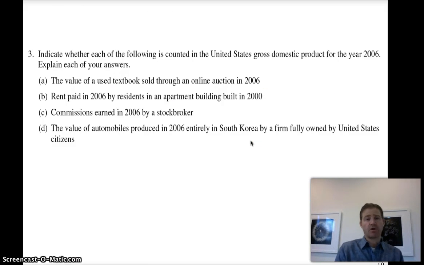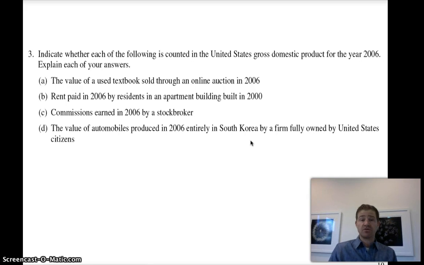This is a great example of how an application question related to GDP might go. Indicate whether each of the following is counted in the United States gross domestic product for the year 2006. The value of a used textbook through an online auction in 2006. Rent paid in 2006 by residents in an apartment building built in 2000.